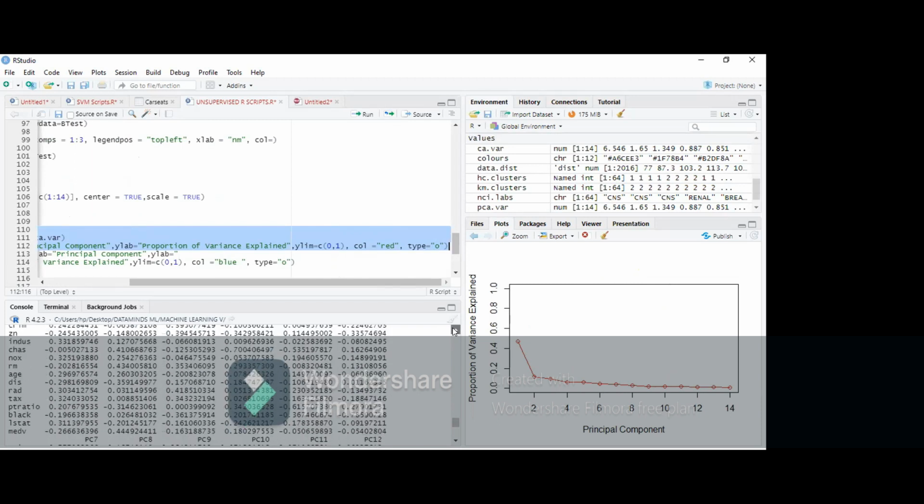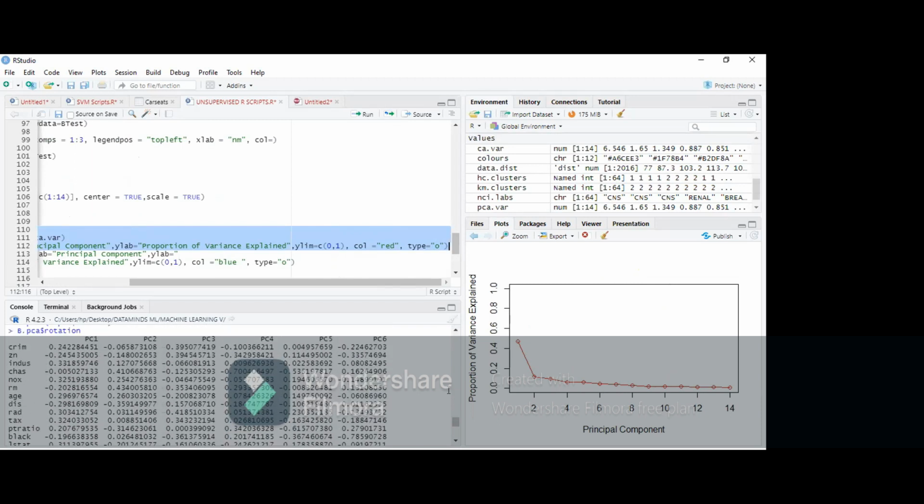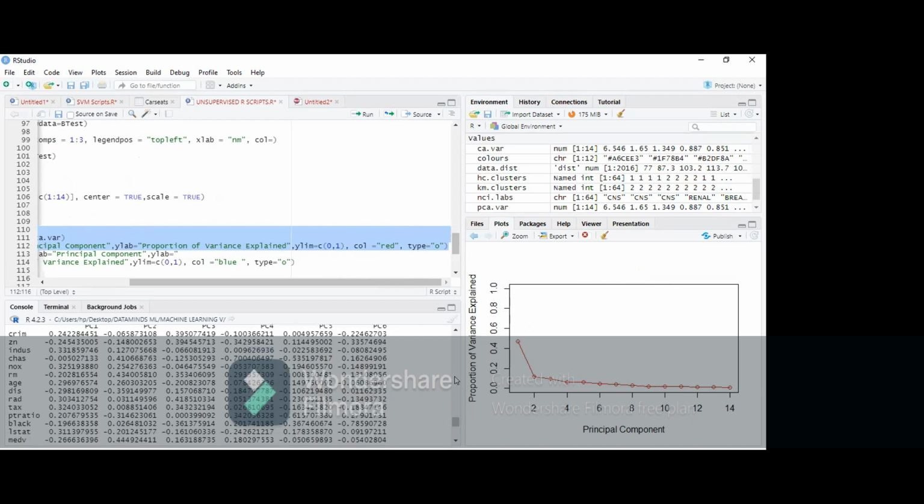Components 1 and 2. We can see that, now, we have our CRIM, which is per capita crime rate by town. ZN, proportion of residential land zoned for lots over 25,000 square feet. Now you can see that these first 2 variables have an inverse relationship, and all those ones with inverse relationship, you can see negative and positive.